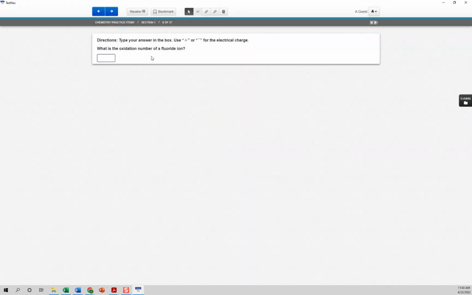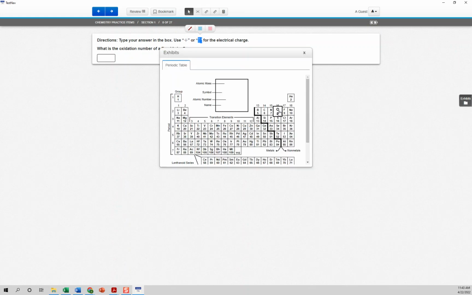Right. So here it's saying, what's the oxidation number for a fluoride ion? If you haven't seen or heard that term, oxidation number, anytime you see it, just think charge. So it's just asking you what's the charge of a fluoride ion, and you have to do plus or minus for whatever charge it is. So hopefully we know that fluoride is -1, but let's remember it's in this group, and so it needs to gain 1 electron to get to that noble gas configuration.